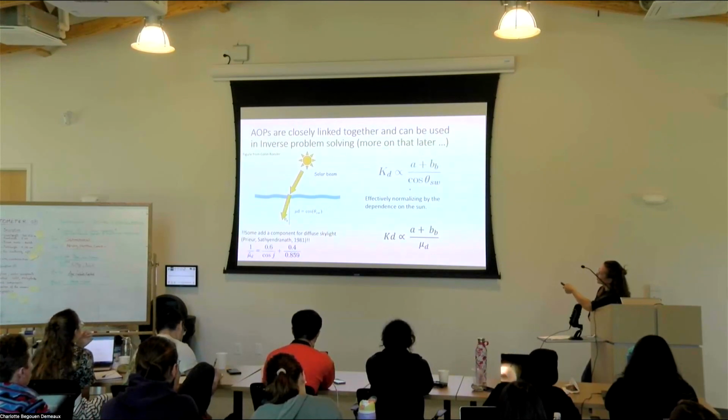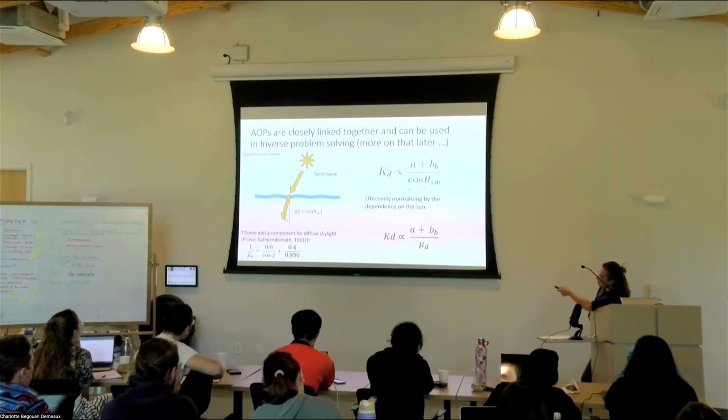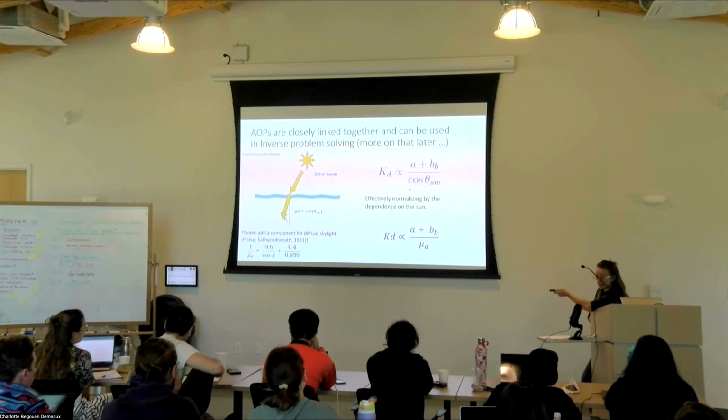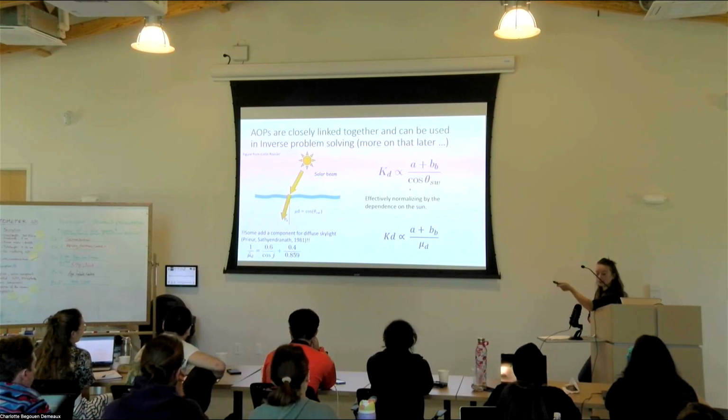And mu is the perfect way to do this, because if it's very much at zenith, this will be 1. If you are at a larger angle, you'll divide by a number smaller than 1, hence increasing your Kd, which is exactly what we saw would happen because you have a longer path length.